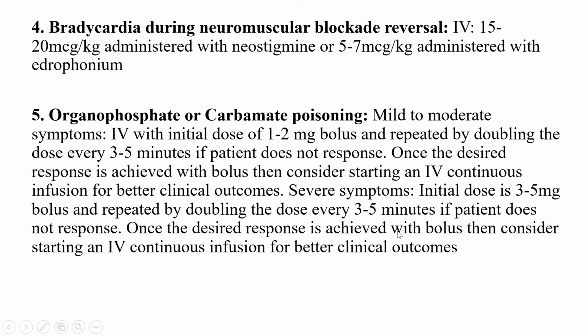Suppose we give the patient 3 mg, then after 3 or 5 minutes we can give another bolus of 6 mg if the condition has not improved, and if the patient starts responding, then here also we can change to IV infusion, and here the dose is the same.